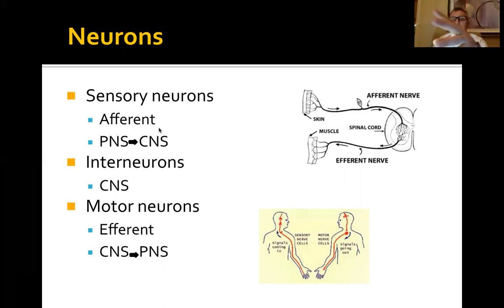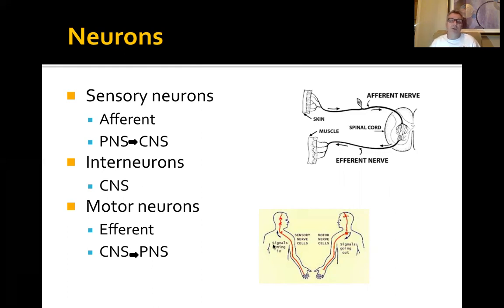So if you touch something, it's going to go from your periphery to your spinal cord, right? So that's sensory. Interneurons are located within the central nervous system, transporting that information between your spinal cord and your brain.